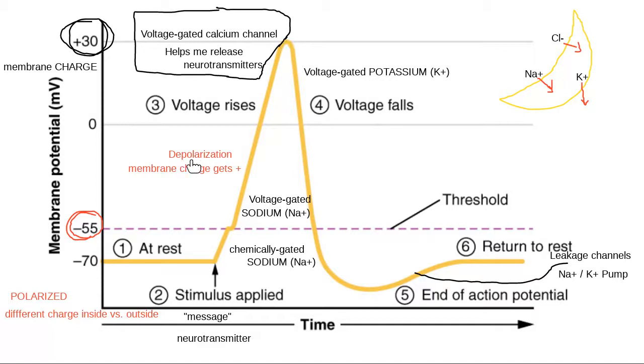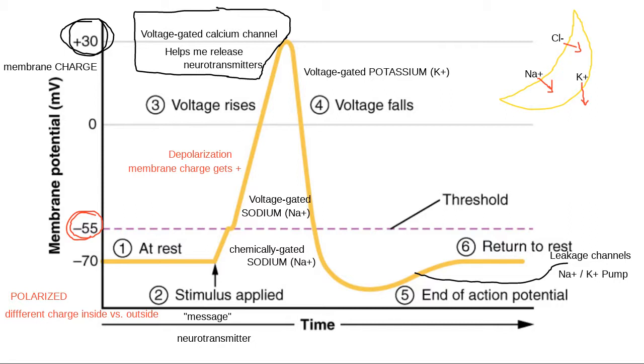So depolarization is what we see on the left side of the graph here. Because remember, when it's polarized like normal, it should be down here at -70. When you make me more positive, we're going away from normal. We're depolarizing.